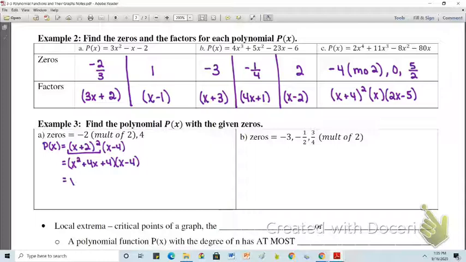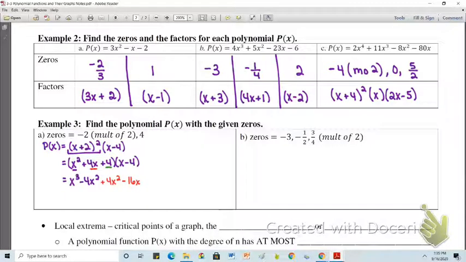So I will get x cubed minus 4x squared. Okay, now I'm going to move, that was the x squared term to both. Now I'm going to move on to the 4x by both. So that becomes 4x squared minus 16x.